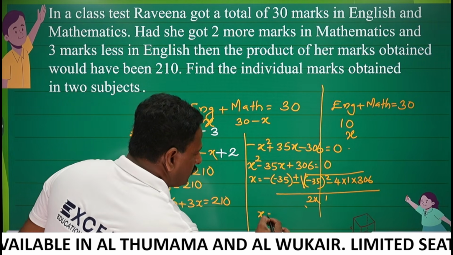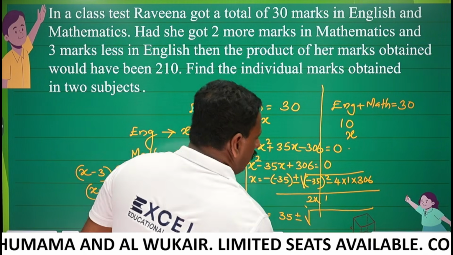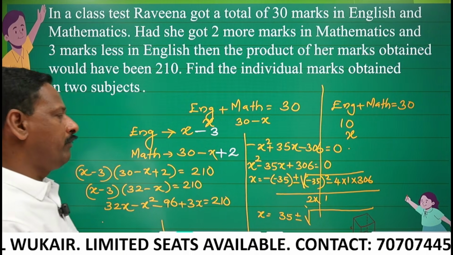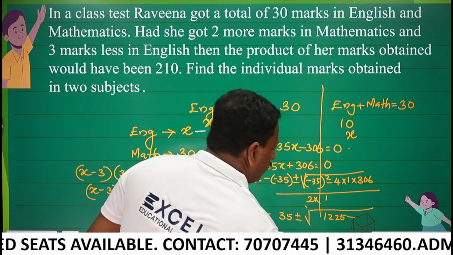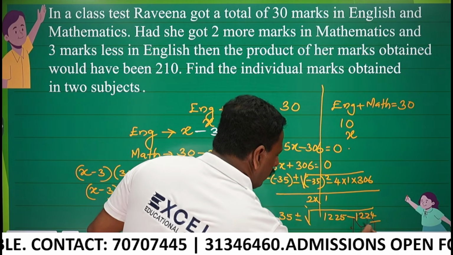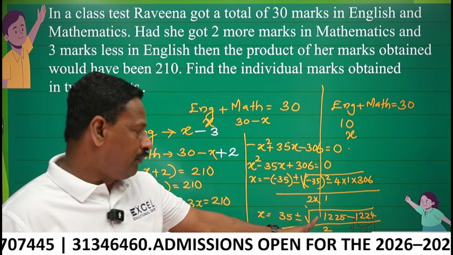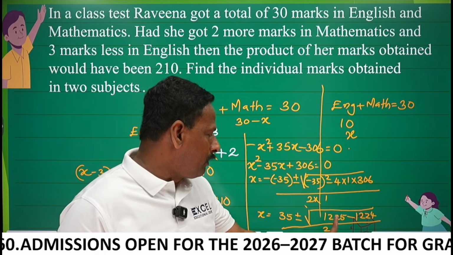So this will give you x is equal to 35 plus or minus root of negative 35 square. Negative 35 square is 1225, 1225 minus this, when you multiply you'll get 1224, divided by 2. And what is the square root of 1225 minus 1224? This is 1, and the square root of 1 will become 1.